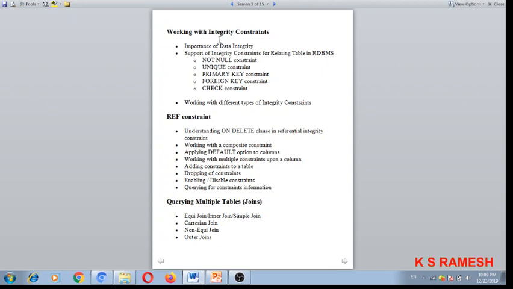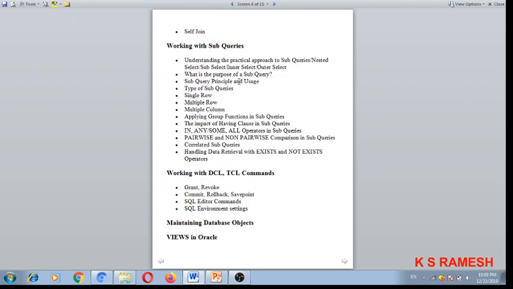And also the most important, the integrity constraints. The different constraints we will discuss, and some ref constraints like on delete cascade and on delete set null types of constraints, and querying multiple tables through joins, and understanding the practical approaches of queries.